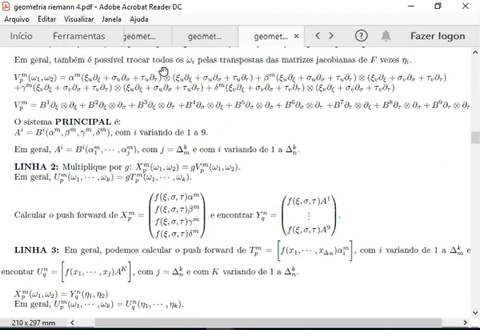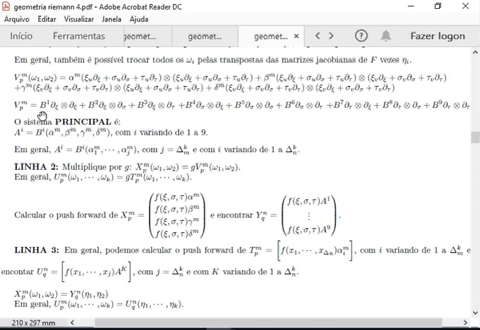Generally, it's also possible to exchange all omega i's by the transposes of the Jacobian matrices of F times eta I. VPM at omegas are alphas, betas, gammas, and deltas.